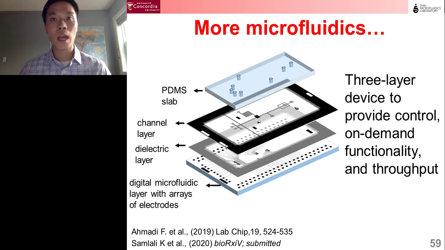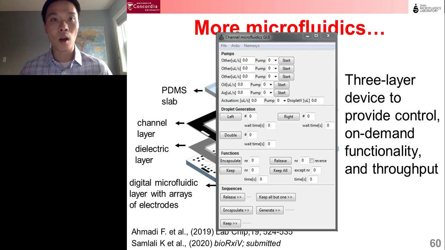But just to remind you again, all this can be done with automation by just a simple interface with our graphical user interface. Essentially you can create sequences or functions that you can just click and then be able to automate the droplet movements on our device.